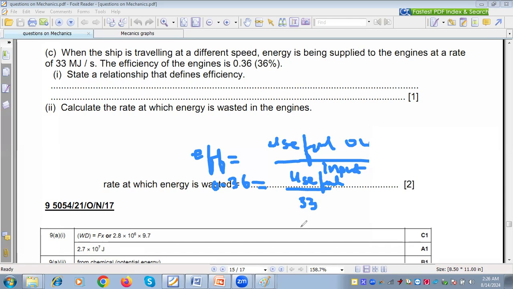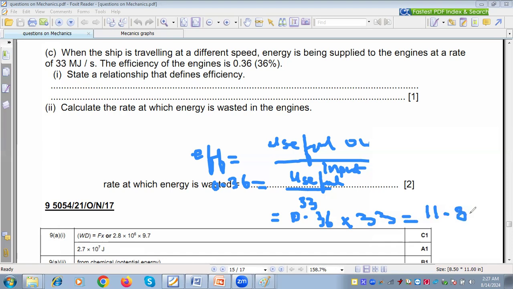So 3.36 into 33, that is giving us 0.36 into 33, 11.8 megajoule.